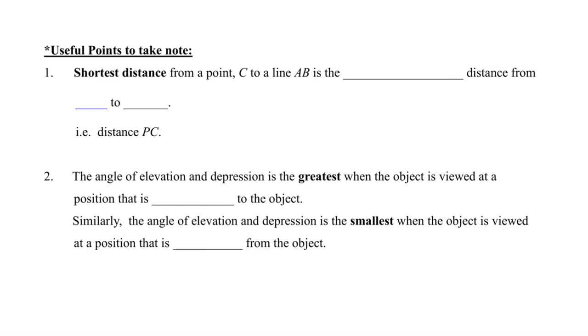Hello everyone, for this particular part of the video, we are now just going to take note of some useful points, okay? For shortest distance from a particular point, example C, to a line AB, there exists this shortest distance, and this shortest distance corresponds to the perpendicular distance.